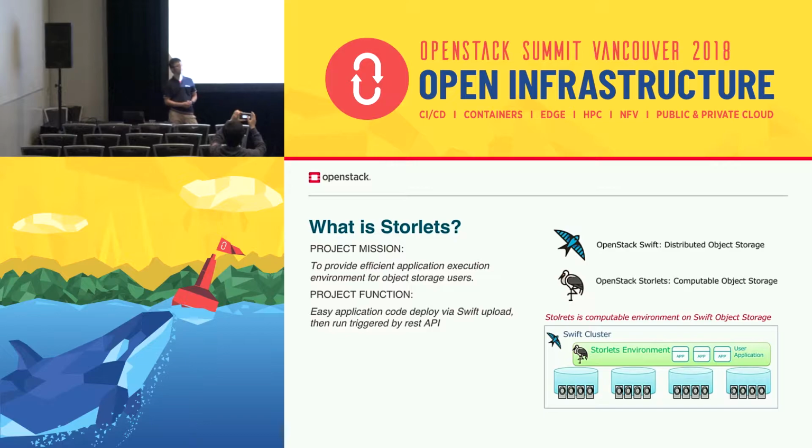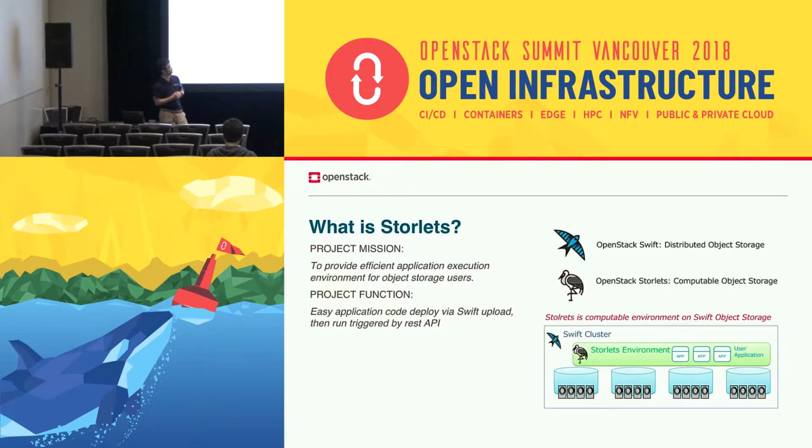So this is what the Storlets slide describes. Storlets is designed to provide an efficient application execution environment inside of object storage that can be used for ETL tasks, extract, transform, and load, for some data-sensitive applications.